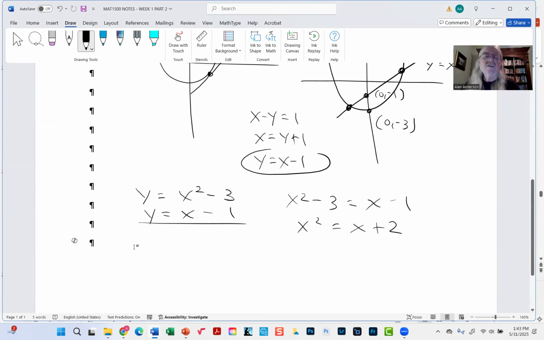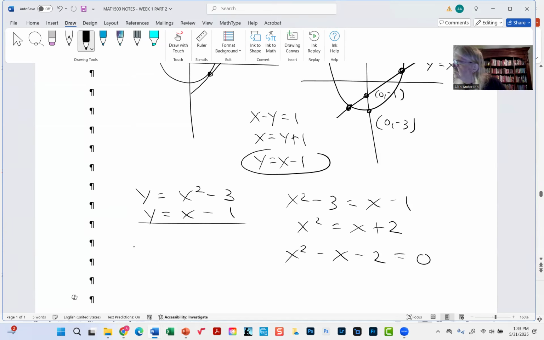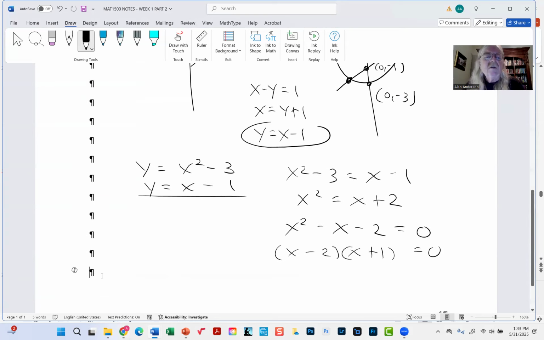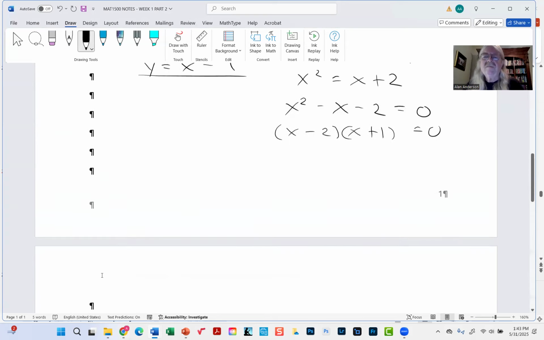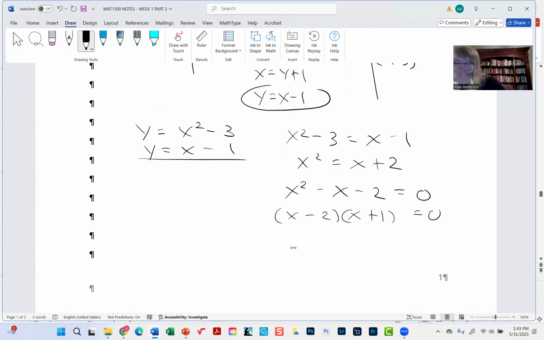It's clearly a quadratic expression. So let's do this. Let's subtract from both sides. And now we can either factor this or use the quadratic formula. But if you remember how to factor, this one is very straightforward. You can double check that with FOIL. And so this implies that x equals 2 and x equals -1.